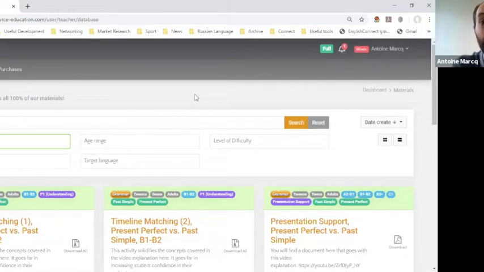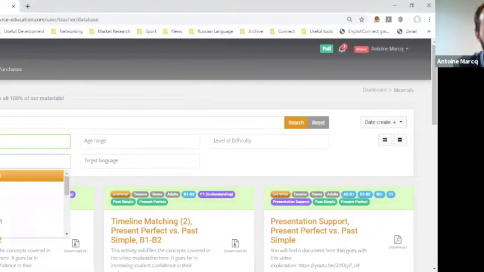In the meantime, what we've been doing with Tom is prepare a whole series of lesson plans to add to our website. So you know that on the website you can find loads of different types of exercises. P1, P2, P3.